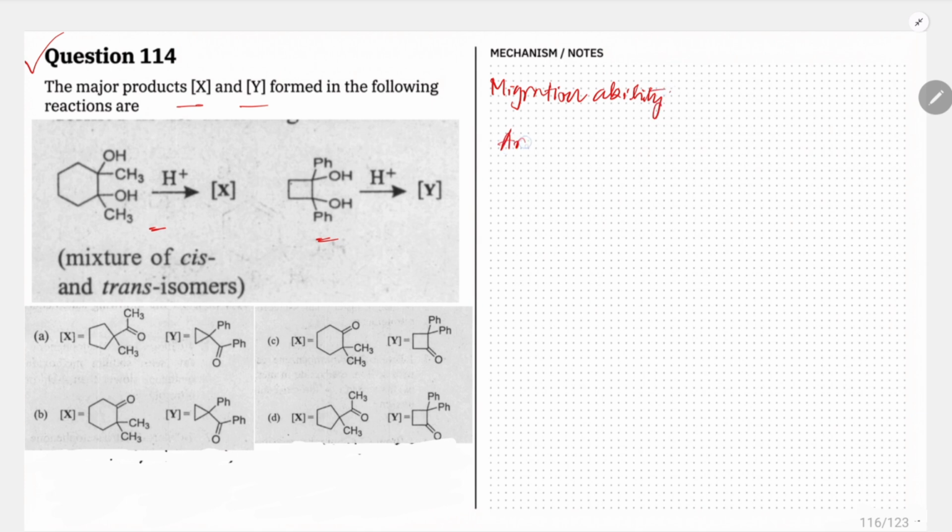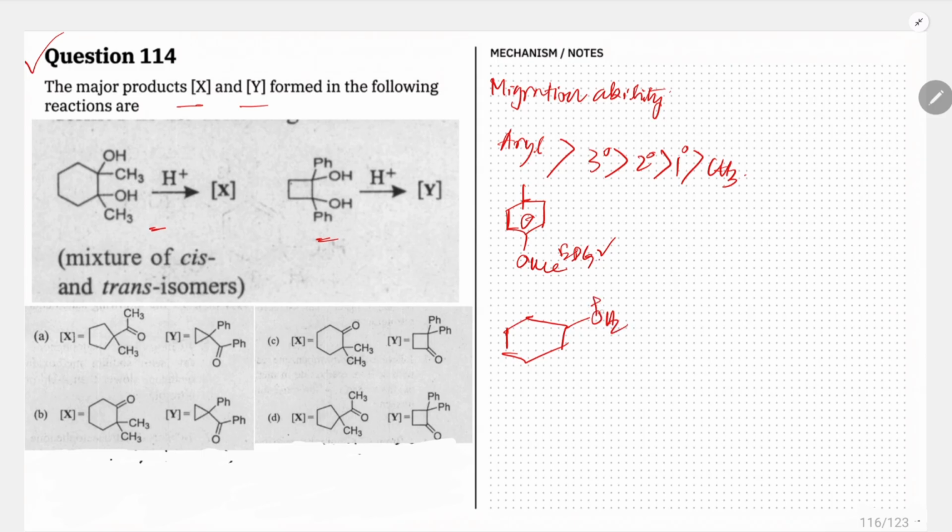First of all, the aryl, that is aryl containing the group OMe, this is an electron donating group. It has more migration tendency. It also contains the phenyl one. After that 3 degree, 2 degree, then 1 degree alkyl, and after that CH3.